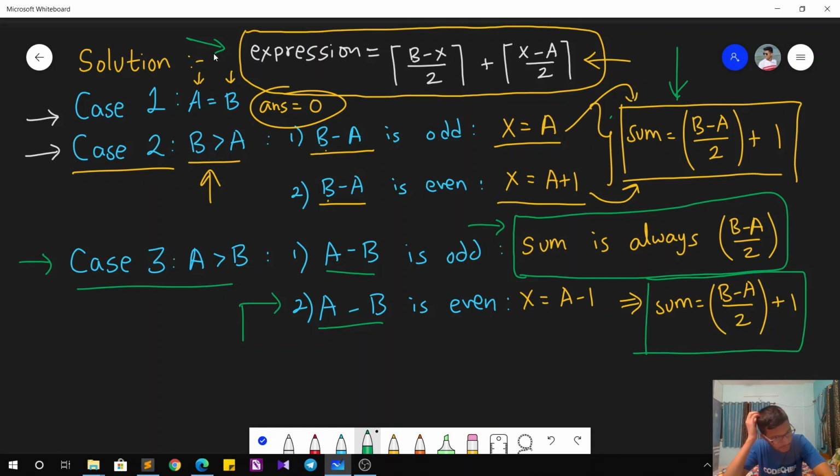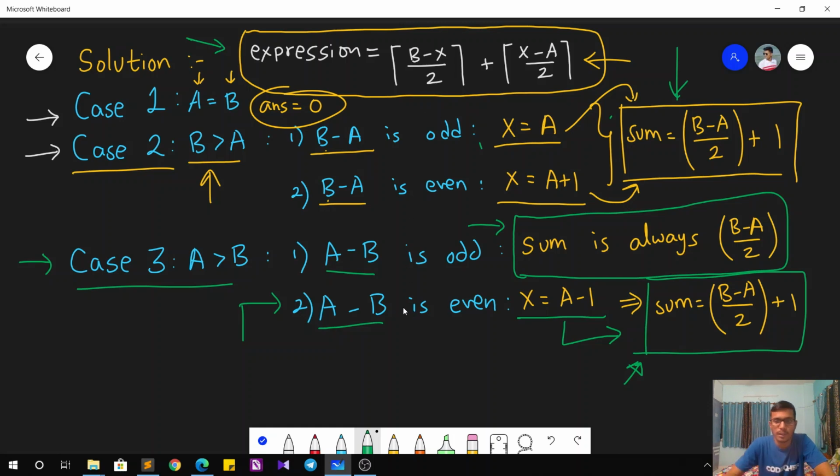If you tinker around, you will find that for x equal to a minus 1, you can always get this sum. And the sum cannot exceed this value because this value is taken from simplifying the given expression.